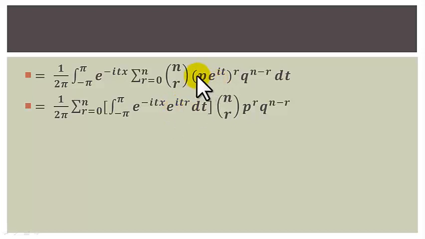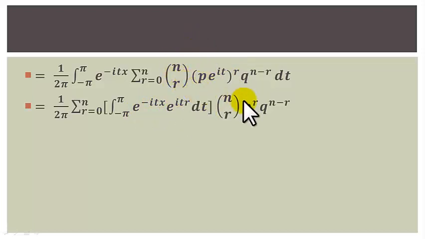Now p exponent it raised to power r is the same thing as p to power r times exponent itr. So if we bring out the exponent itr to join with this, that will give us exponent minus itx times exponent itr with respect to t.